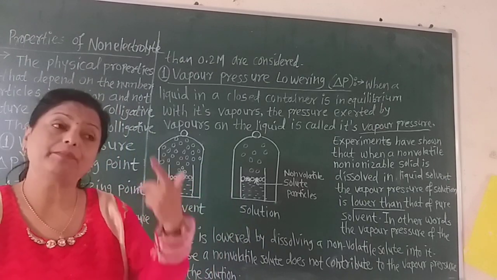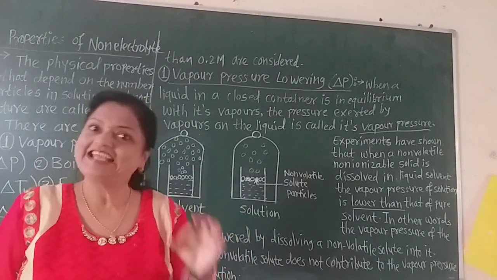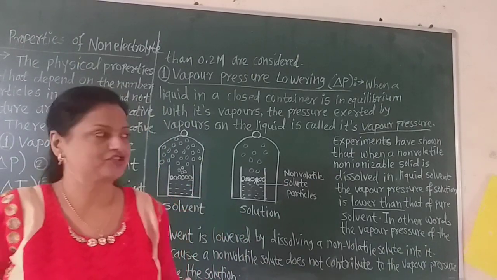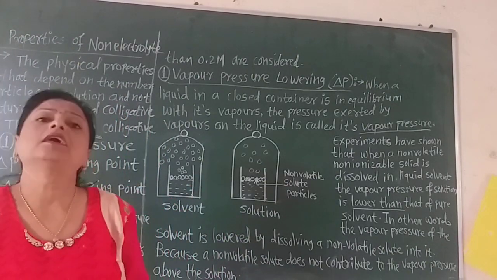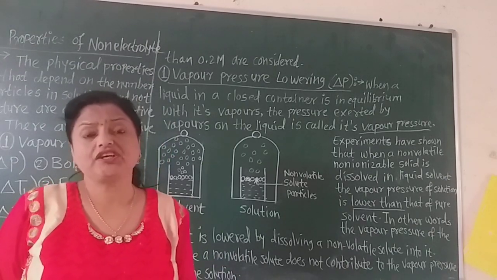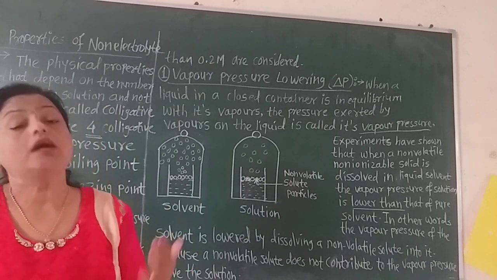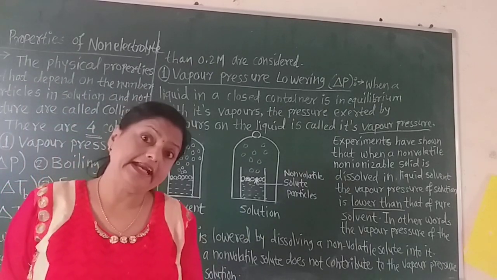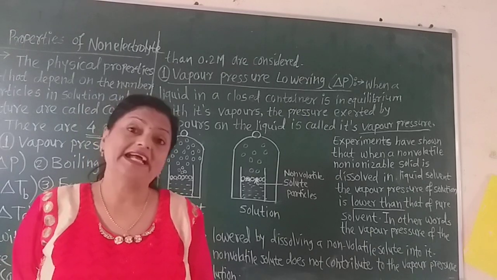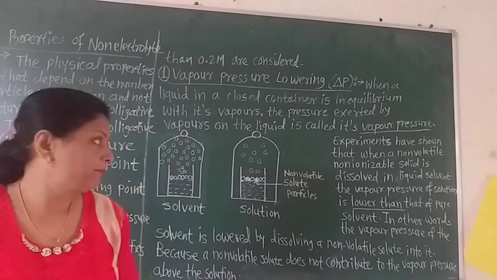The rate of vaporization and the rate of condensation must be equal. Then and only then is the equilibrium established. So when the rate of vaporization and rate of condensation are in equilibrium, at that time the pressure exerted by the vapors of that liquid on the surface of that liquid is called the vapor pressure.